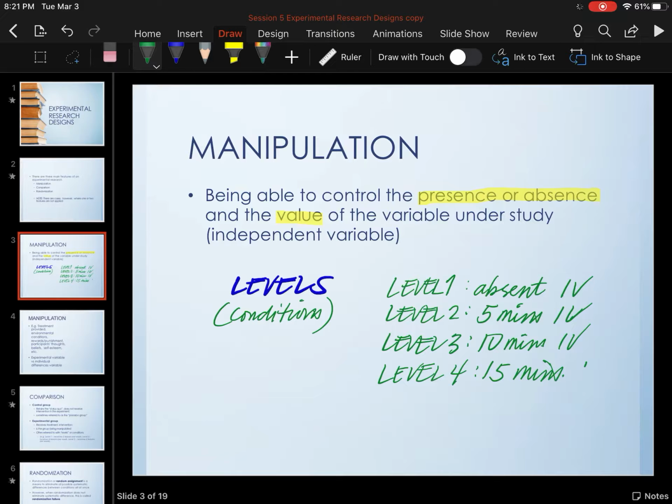Okay. So what kind of problems are these? For example, you want to see whether exposure to violent films influences mood.